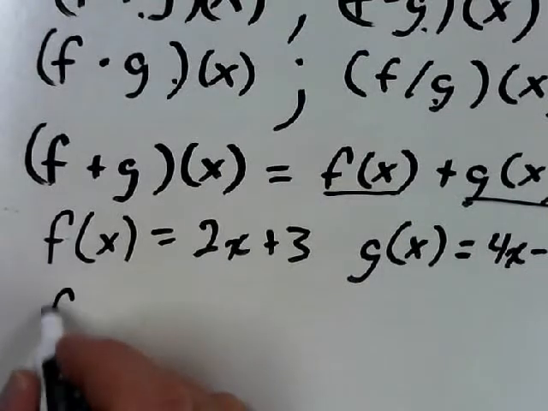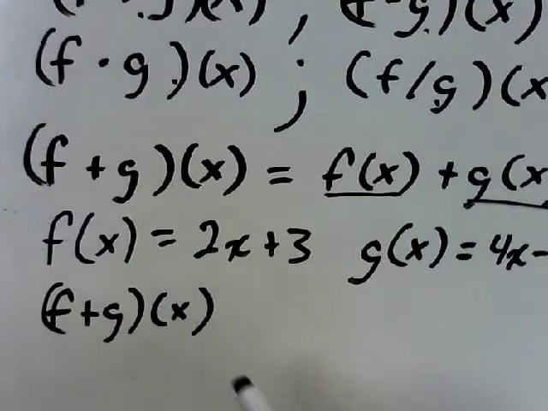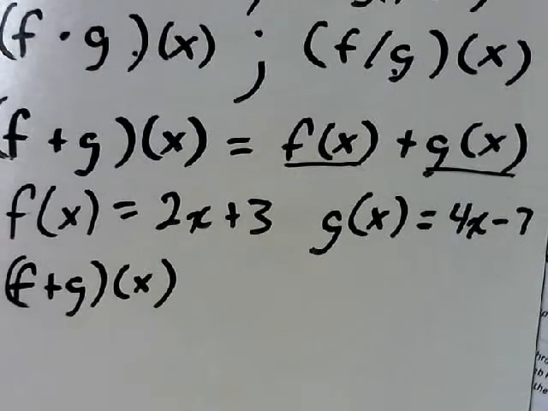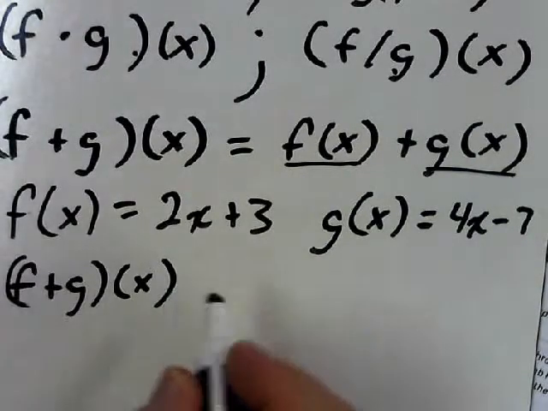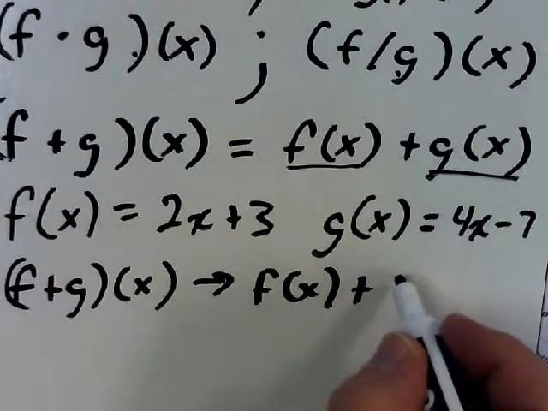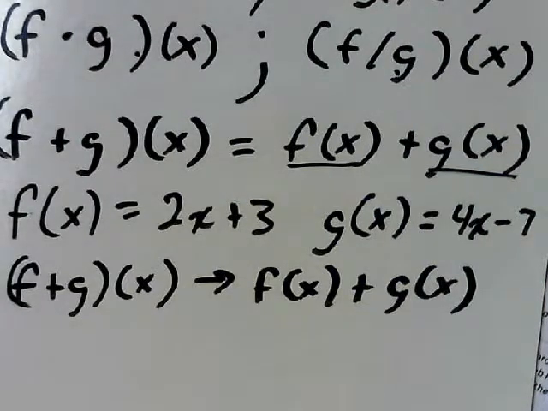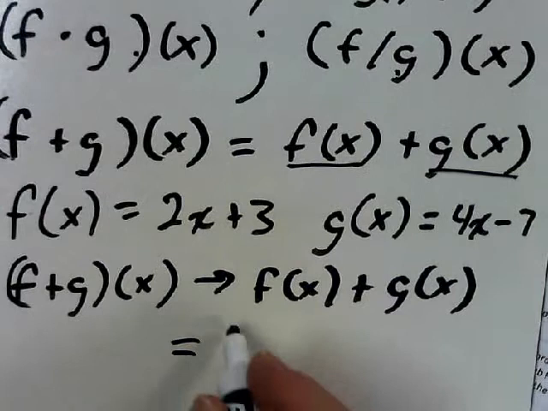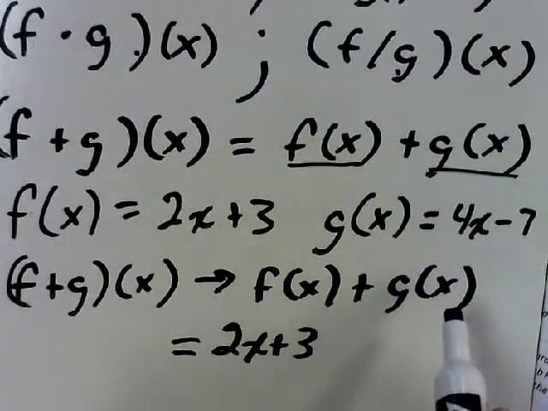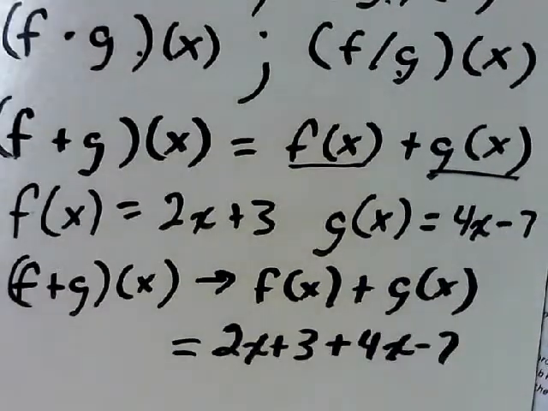If I said I wanted to find f plus g of x, it also implies that I'm going to take f of x and add it to g of x, doesn't it? Well, what's the f of x function? 2x plus 3. What's the g of x function? 4x minus 7. So I'm going to add that to 4x minus 7.